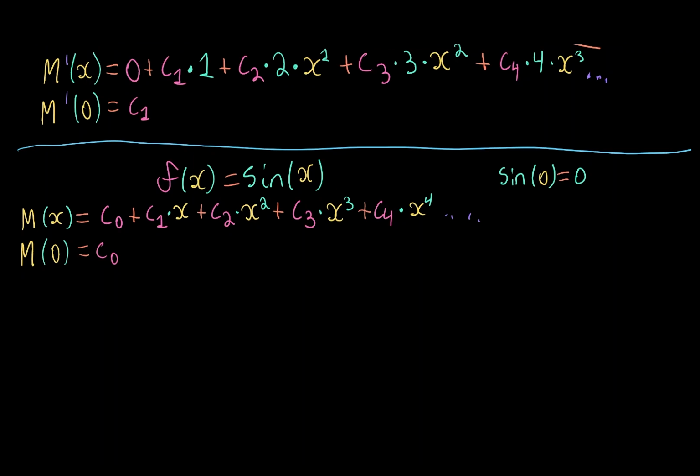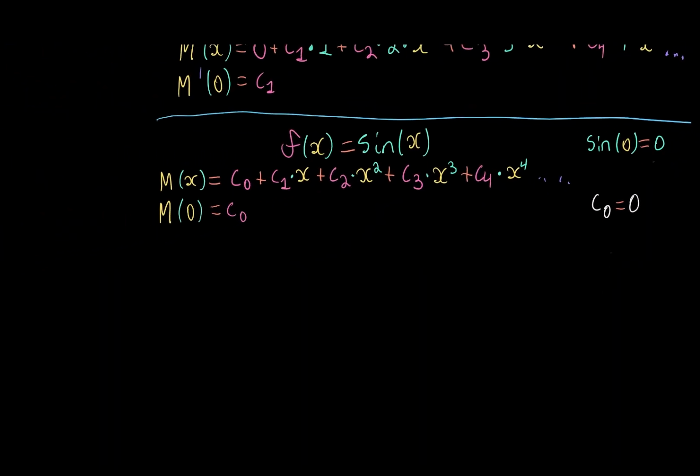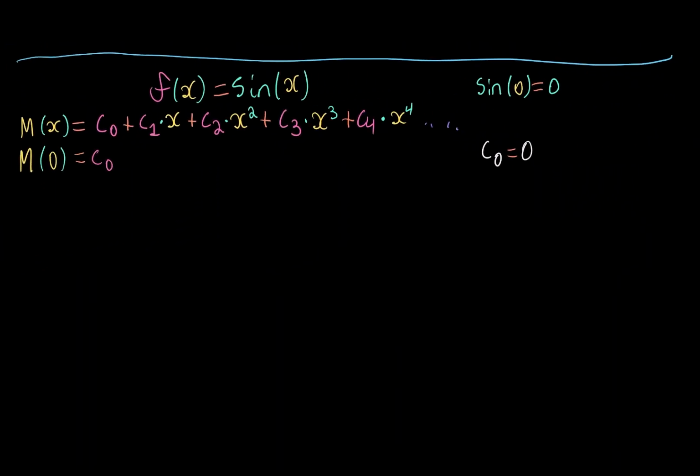Well, we want m of 0 to be equal to 0 as sine of 0 is equal to 0. So that means C0, let's write this in a different color, C0 here must be equal to 0 to preserve that identity right there. Got to have the same hair color, right? Okay, so now we've just matched the 0th derivative.